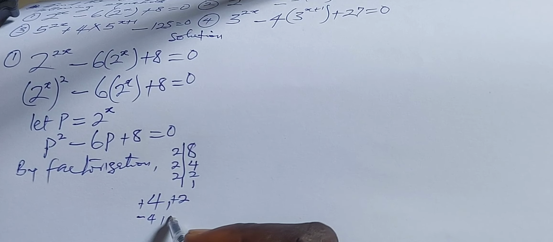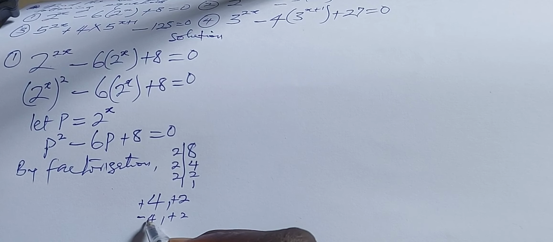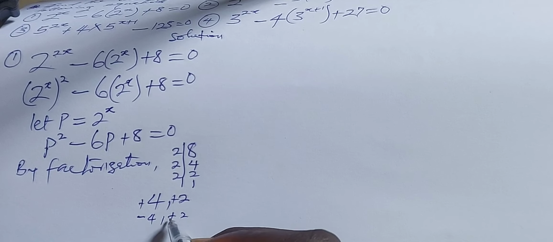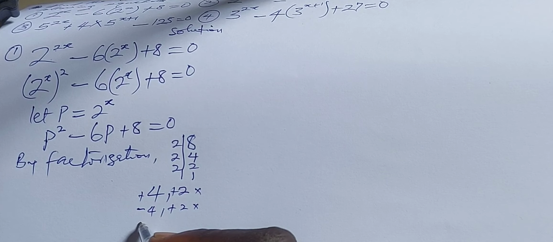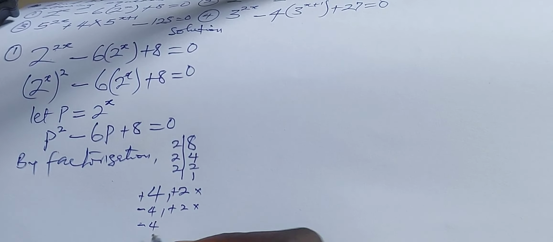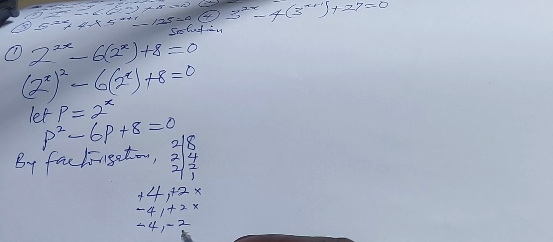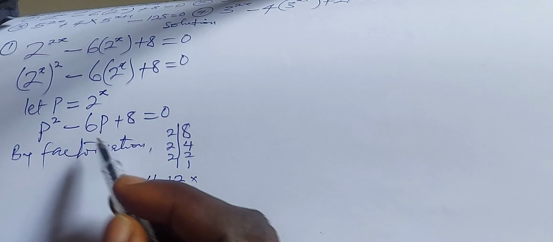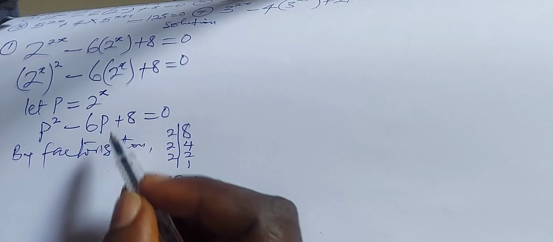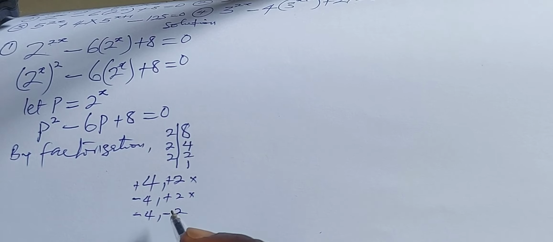So we try minus 4 plus 2. Once you multiply, you will have minus 8. That is not what we are looking for either. So you change the sign: minus 4, minus 2. Let's add it: minus 4 minus 2 gives us minus 6, and minus 4 times minus 2 gives us positive 8. And that solves our problem.